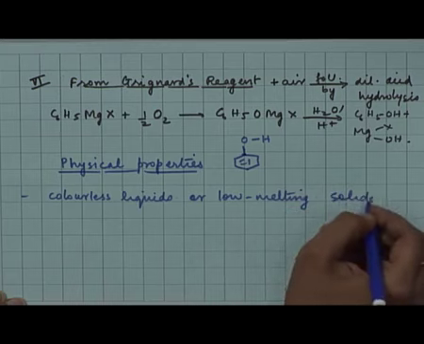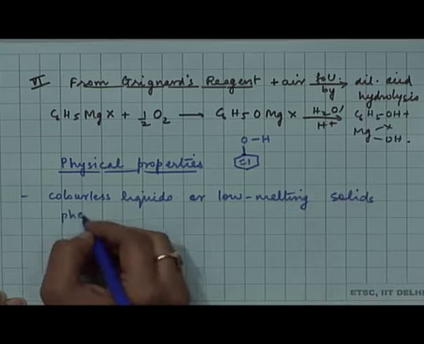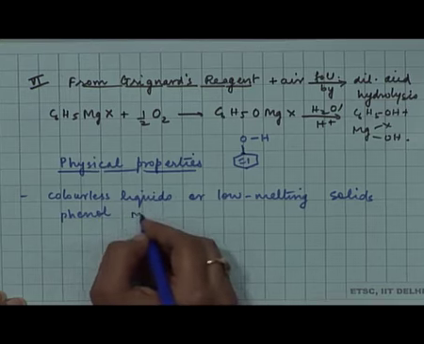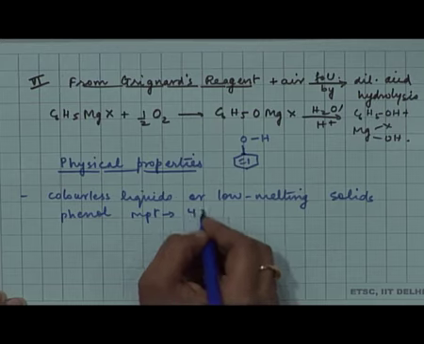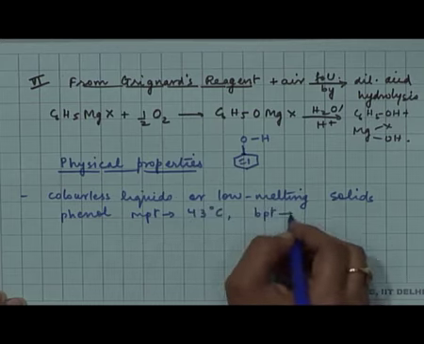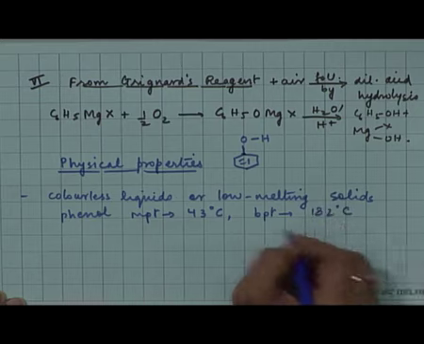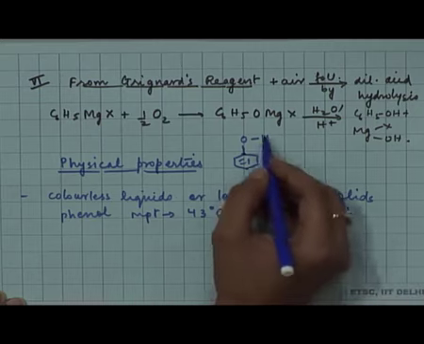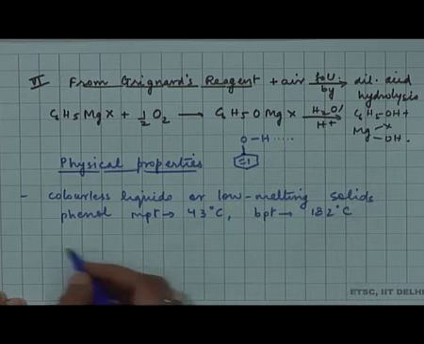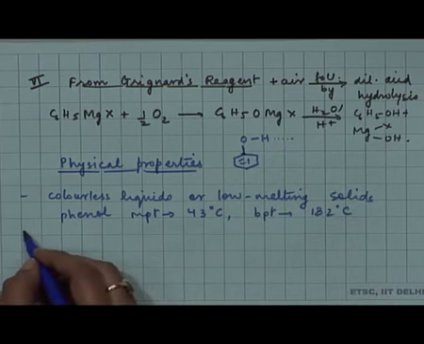A simple, unsubstituted phenol is a solid with a melting point of 43 degrees centigrade. It is a low melting solid, but it has a high boiling point of 182 degrees centigrade, and the high boiling point can be attributed to the hydrogen bonding property of this molecule which we discussed earlier.